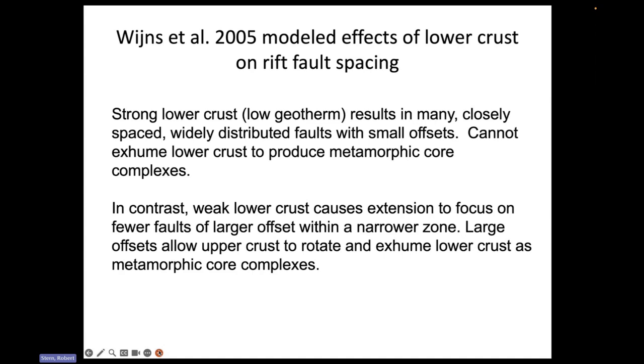This is incapable of exhuming lower crust to produce metamorphic core complexes. In contrast, weak lower crust causes extension to focus on fewer faults of larger offset within a narrower zone. The larger offsets allow the upper crust to rotate and exhume lower crust as metamorphic core complexes, consistent with what we've been saying all along.